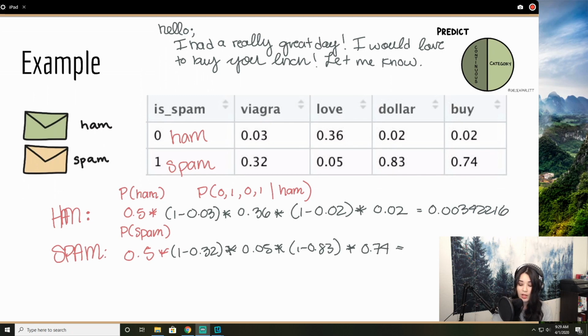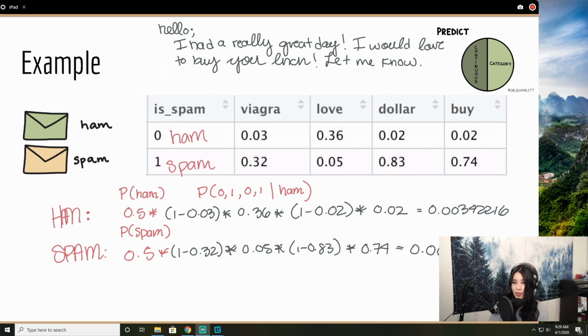And when we do all of that math, we get that our score is 0.0002138. So now that we have our categories and we have our scores for each category, all we have to do is choose whichever one is higher. And in this case, the score for ham is a little bit higher. So we're going to classify this email as ham.